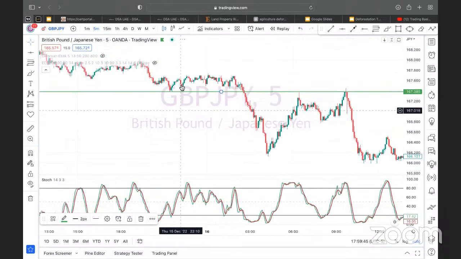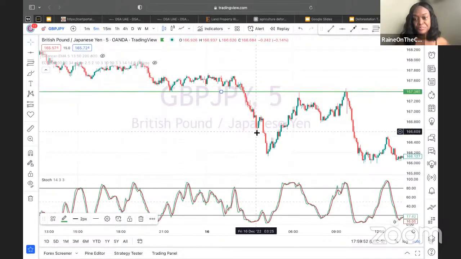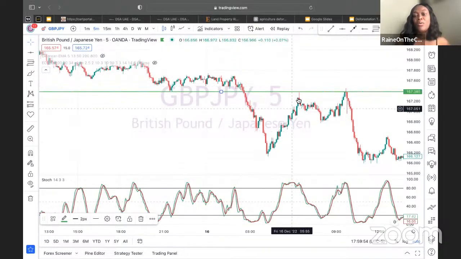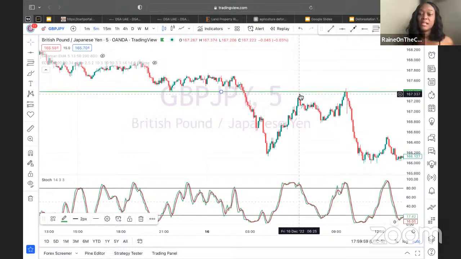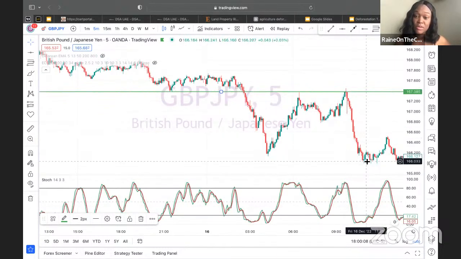Notice, it came here and it broke through. When it comes back up, I would look to sell, right? So it came up, it did sell down a little bit. It came back up again, and then it made a nice drop down.